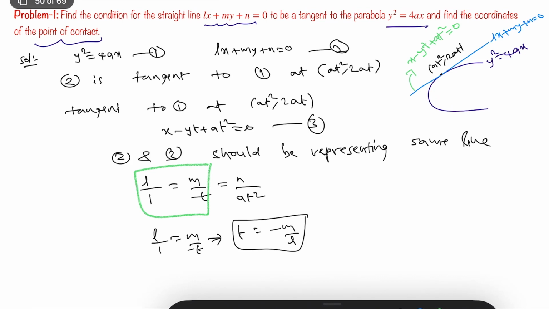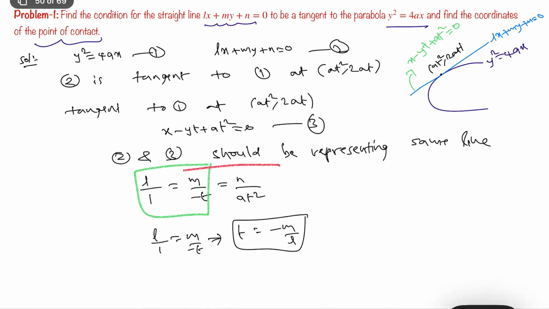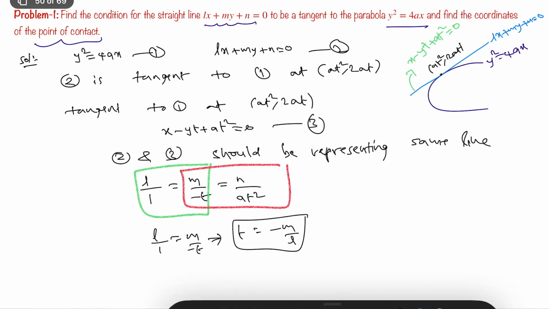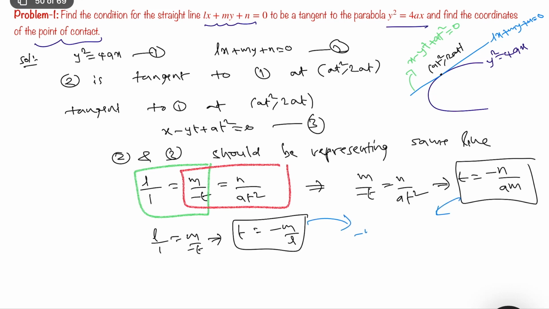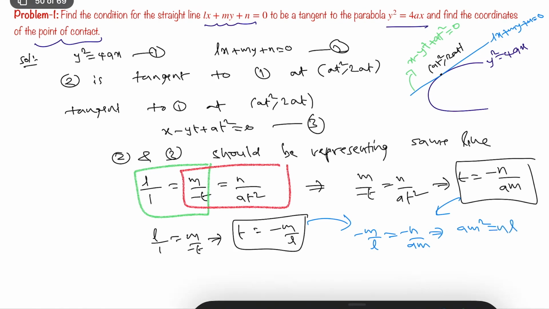And from m/(-t) = n/(at²), that implies t = -n/(am). So from these two I can write -m/l = -n/(am), that implies am² = nl.